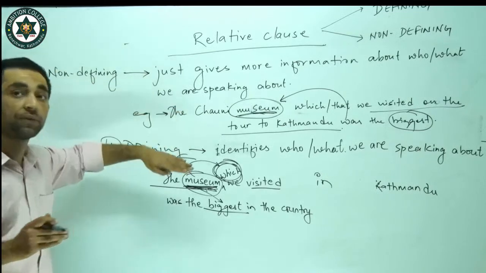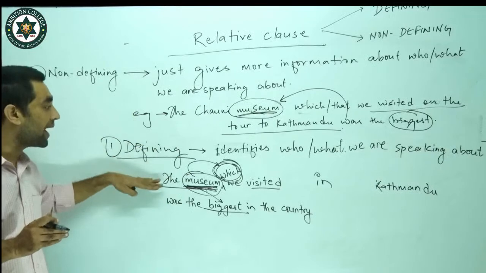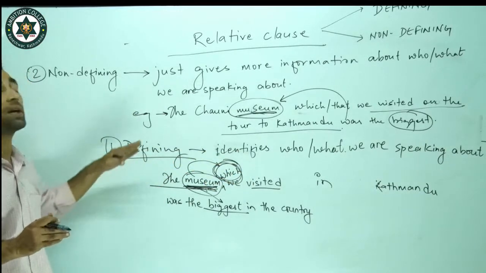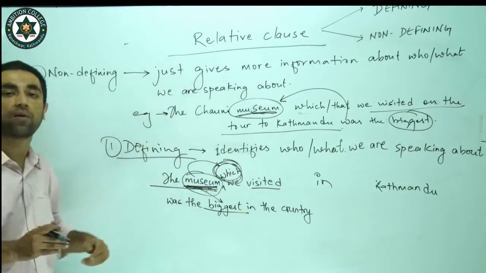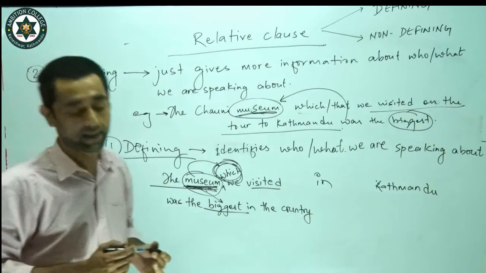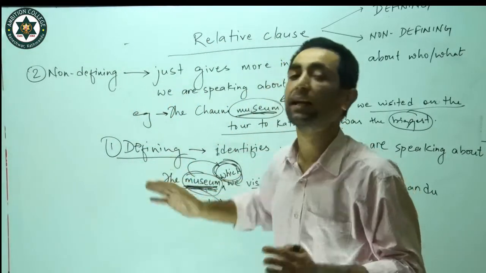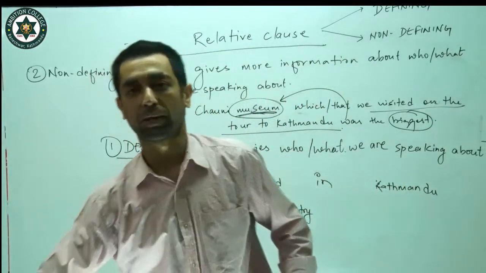But if that relative clause provides the very essential information, provides the information that is used to define the noun, then we call it the defining relative clause. So this is how we discriminate.